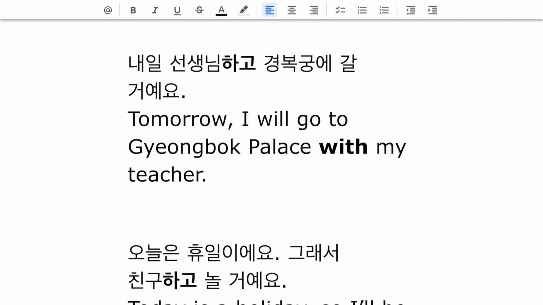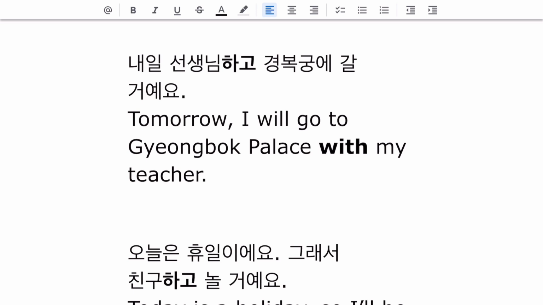Tomorrow I will go to Gyeongbok Palace, Gyeongbokgung, with my teacher. 내일 선생님하고 경복궁에 갈 거예요. Now here's another thing we can bring up, the sentence structure. When we have a word with 하고, how does the sentence structure change?